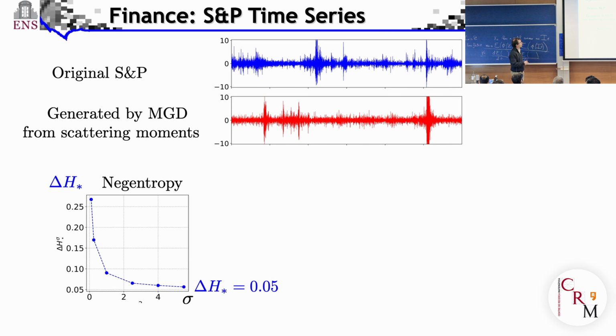You compute the wavelet moments from this, and then you generate a new financial time series which has a maximum entropy relative to these moments by solving this stochastic PDE. Now, the amount of noise that you need to put in the PDE in order to reach the maximum entropy is always of the order of 5 or 10. And you can see it by the fact that as long as the noise doesn't reach that level, the negentropy decreases.